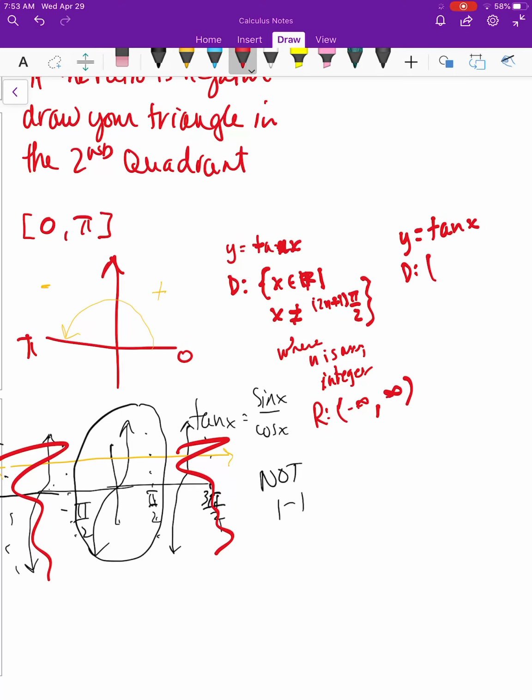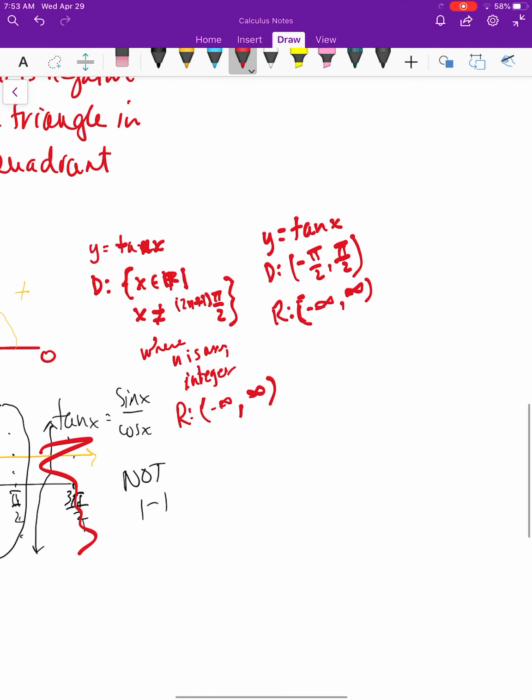When we restricted it, we said, okay, we can't have that domain anymore. We had to make it just negative pi over 2 to positive pi over 2. We still had the range of negative infinity to positive infinity.